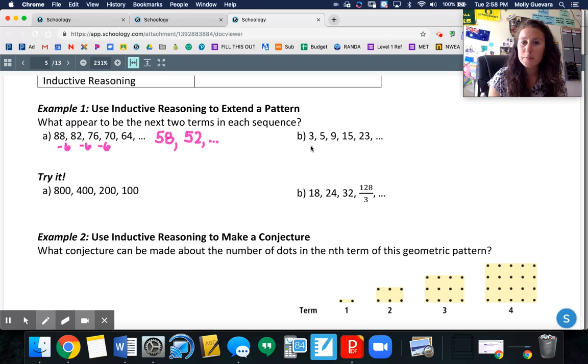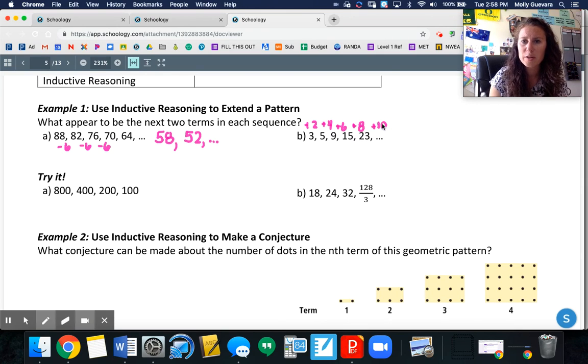Same thing for B. Let's see if we can figure out what's happening here. Here I'm adding 2, but here I'm adding 4, and so on and so forth. So it's kind of weird. So I'm going to write down what's happening. So I'm adding 2, and I'm adding 4, and I'm adding 6, and then 15 to 23 is 8. Okay, so it looks like I'm adding by a number that's increasing by 2 every time. So then the next number I would add is 10, right?